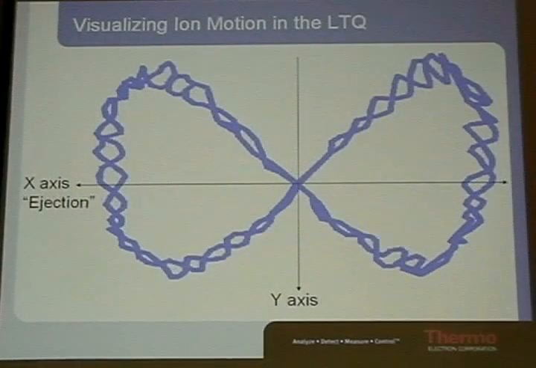What does this give me? Why is this important? This gives me control. Every ion moves at a different frequency. This is the heart of the LTQ, the fact that every ion moves at a different frequency. Okay.